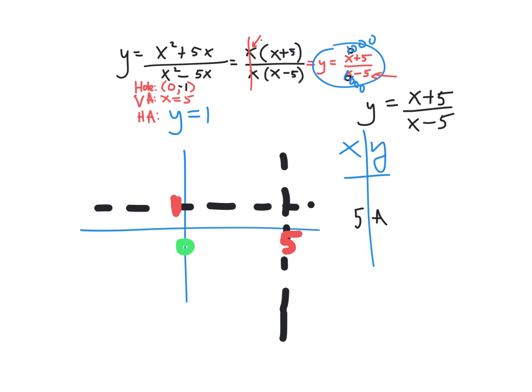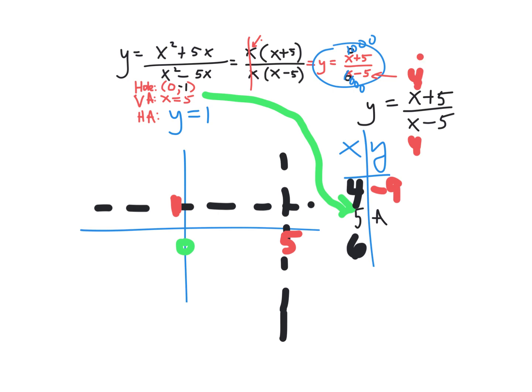Now I need a few more points. Well, since x equals 5 was the asymptote, then you should have tested 4 and 6. Stick in 4, and you get 9 over -1, which is -9.